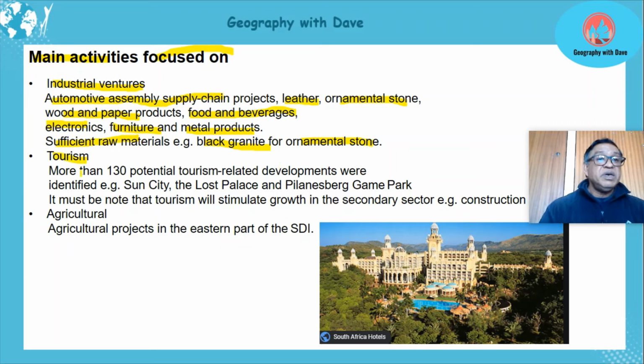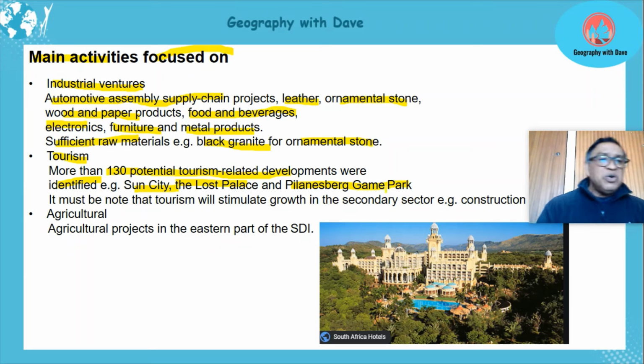Tourism, more than 130 potential tourism related developments were identified. All right. Sun City, not the prison. This is a hotel. All right. So, and the Lost Palace and the Pilanesberg Game Park, brilliant tourism attractions and eco-tourism attractions.